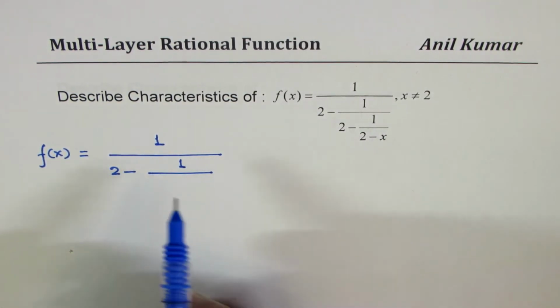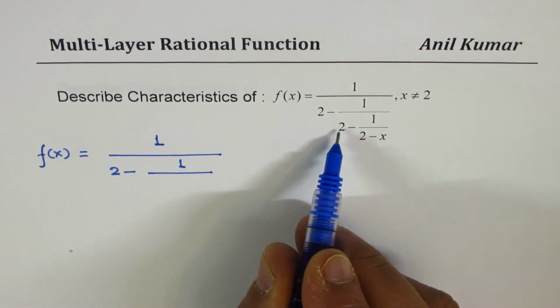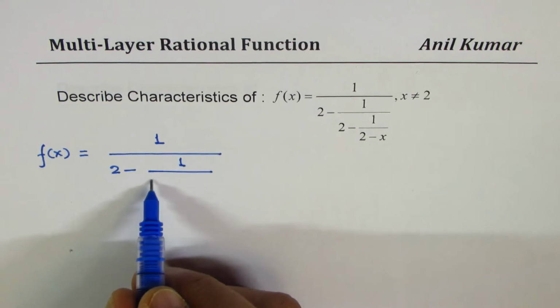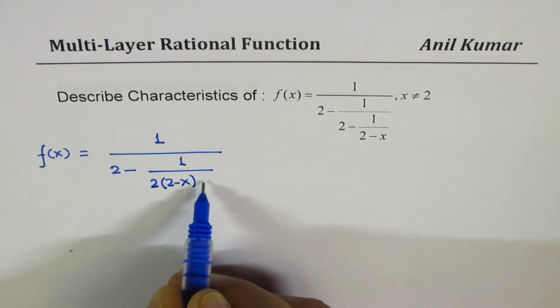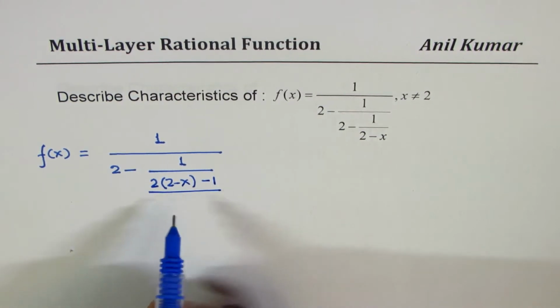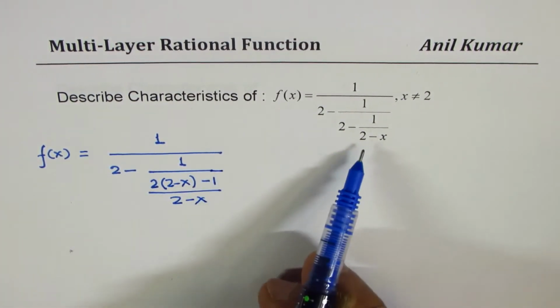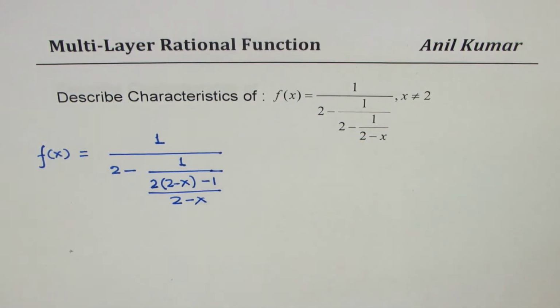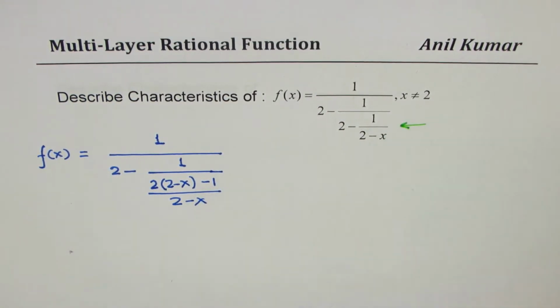Then this 2 gets multiplied by 2 minus x. So I'm writing here as 2 times 2 minus x minus 1 over 2 minus x. Is that clear to you? So I've taken this common denominator here. So in step 1, I'm simplifying this portion. Is that clear?